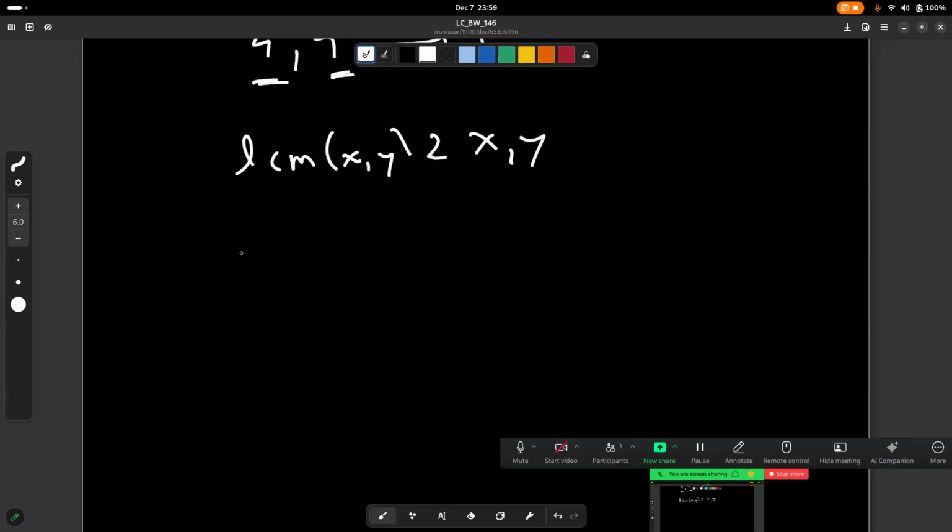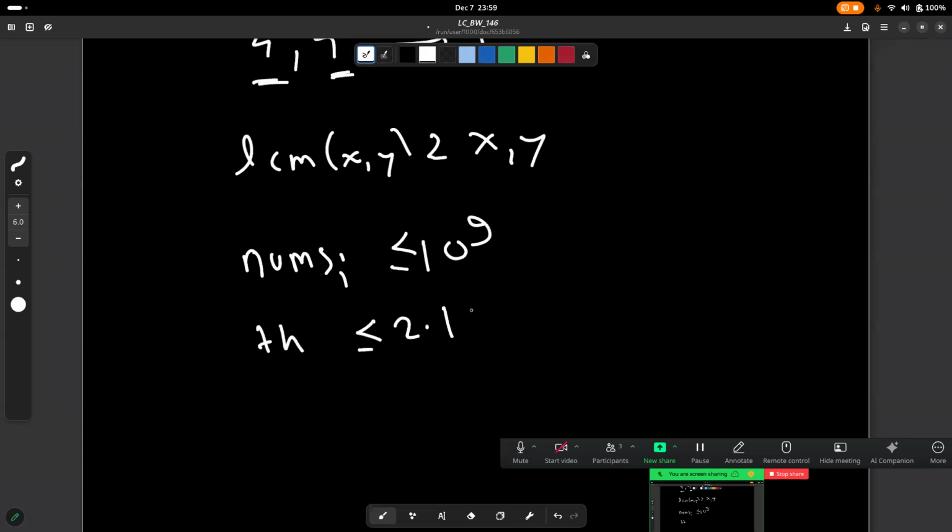Why is this important? Well, you see, our nums of i is given to be less than or equal to 10 raised to power 9, but our threshold is only up to 2 times 10 raised to power 5.